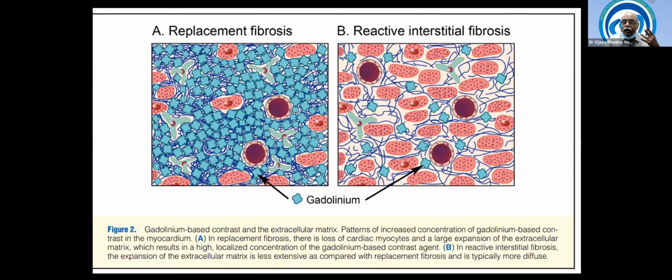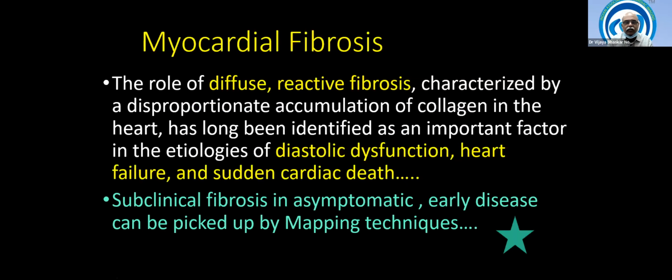What is a map? The map can tell what is there in the myocyte, what is there outside the myocyte, that means in the extracellular matrix. This is where T1 mapping and extracellular volume calculation can be done to diagnose the interstitial disease, diffuse interstitial disease of the myocardium.